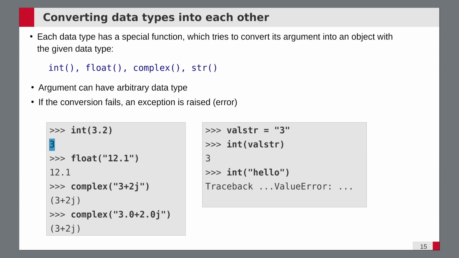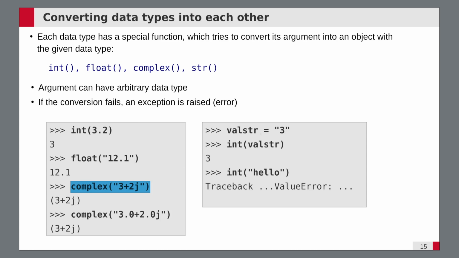It also works with strings. If you want to convert a string into, let's say, a floating point number or an integer, you can also specify a string as an argument. So that also works even for complex numbers, as you can see. Of course, it can only be carried out if the string really represents a complex number or a floating point number.